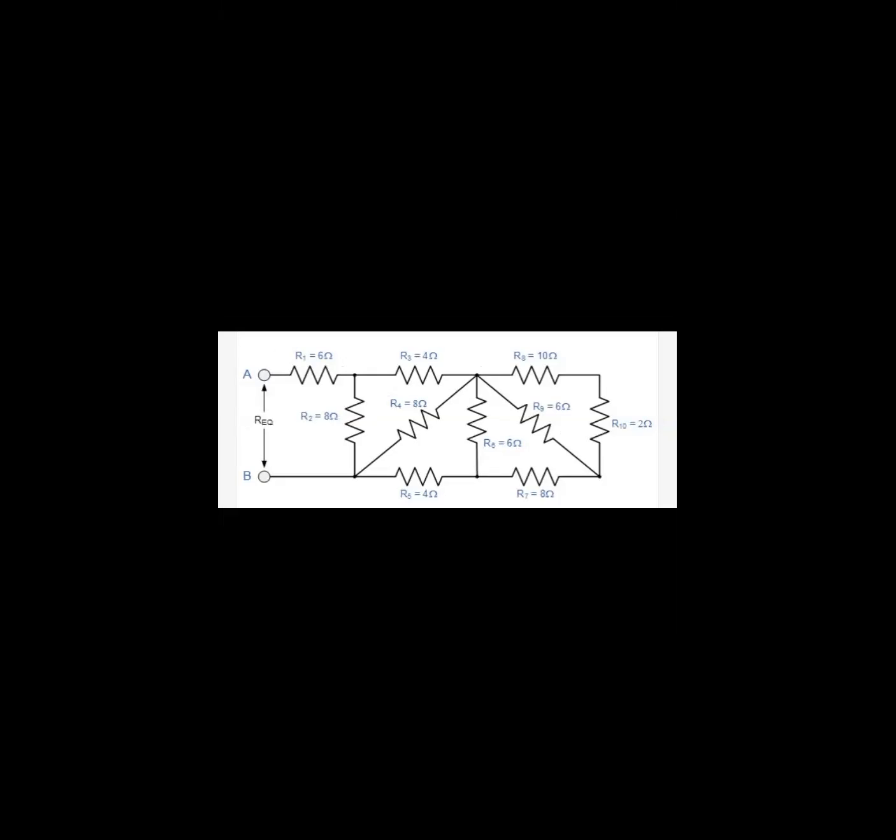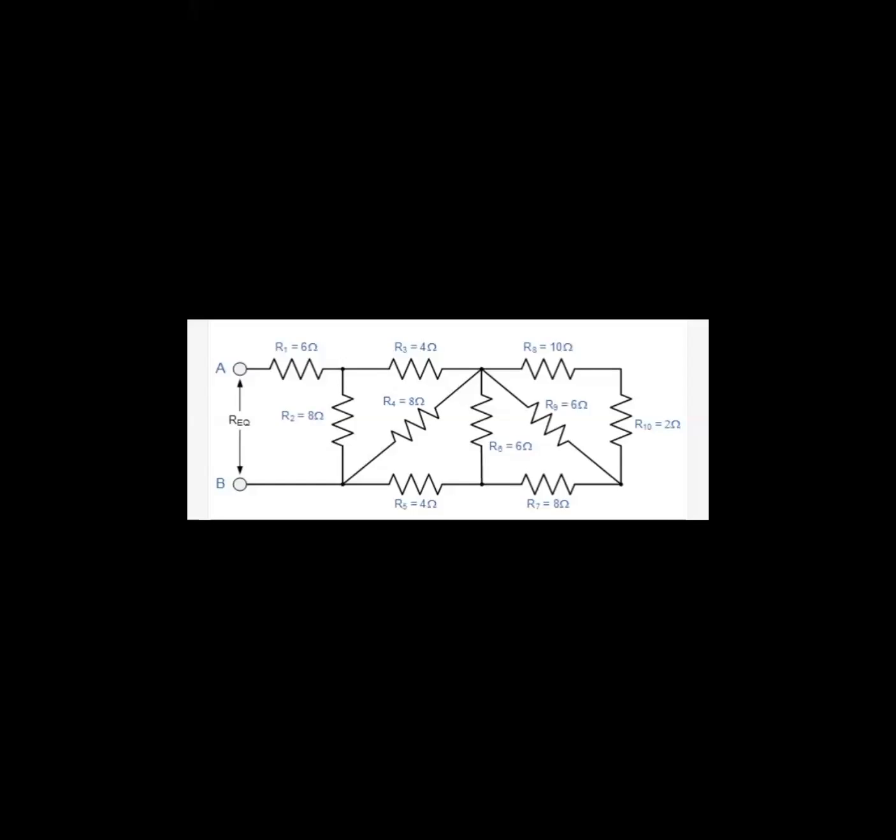We want to resolve resistor R10, R8, and R6. I'm just going to tell you the step-by-step solution to this. We'll get there. We just have to be calm and solve diligently, and we're going to get there.